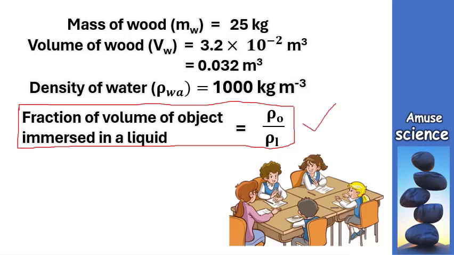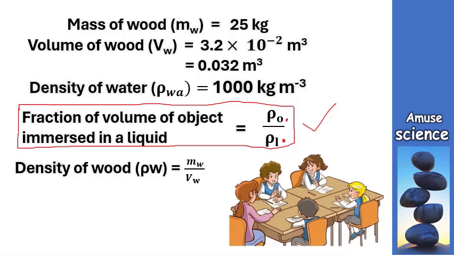In the anchor equation, we are supposed to find the density of the object and the density of the liquid. Since we know the density of the liquid already, let's find the density of the object. We know from the concept of density that the density of the wood is the mass of the wood, MW, divided by the volume of the wood, VW.